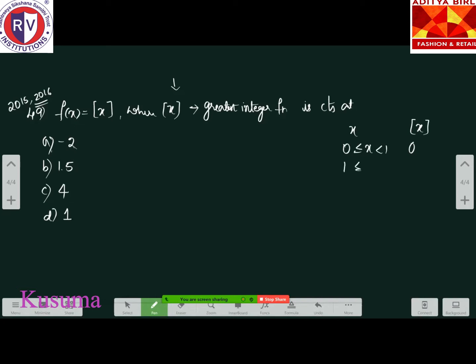When x lies between 1 and 2, including 1, the value of the function will be 1. Similarly, when x lies between 2 and 3, the function value will be 2. Like that, it continues. Let us understand this in a better way with the help of a graph.